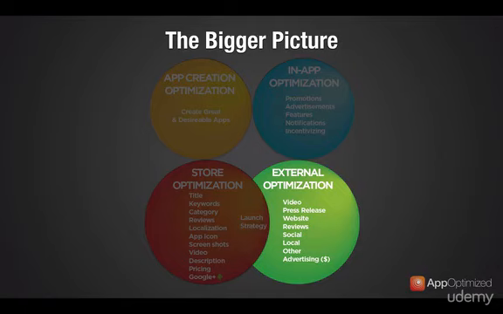I just labeled them others. Basically, this is optimization that's done outside of the App Store, which I labeled as external optimization.